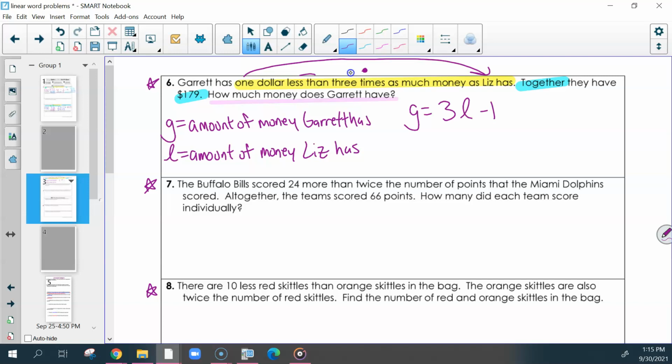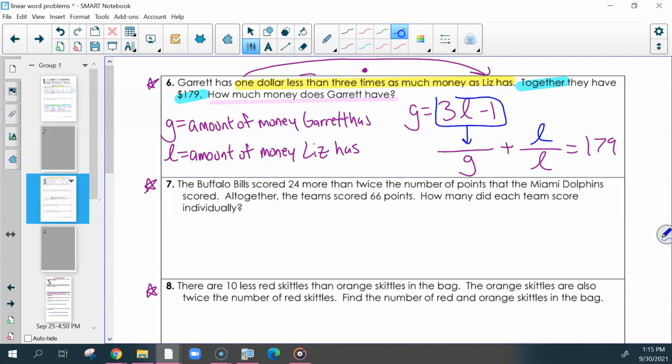We also know however much Garrett has, if we added it to however much Liz has, we'd get 179. So it's kind of like the first problem we did, but a little different. When I am filling out these blanks, I don't know how much money Liz has, so that's going to stay L. The only thing I know about Garrett's amount of money is this problem right here.